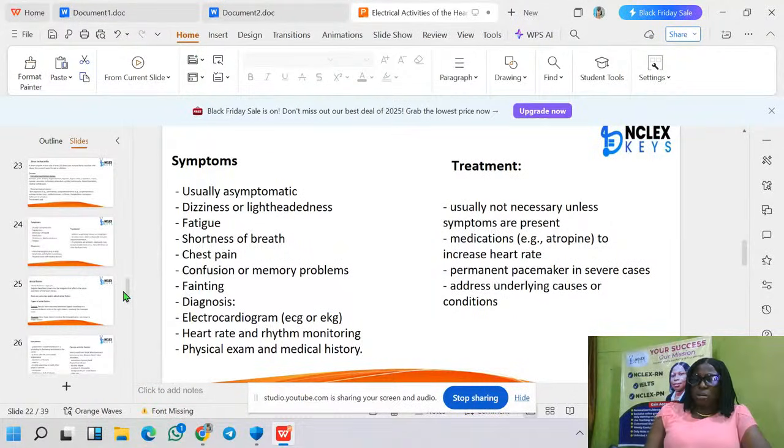Do you remember what makes a 6-second strip? I'm waiting for us. There's an image on our WhatsApp group. Is it a 6-second ECG?